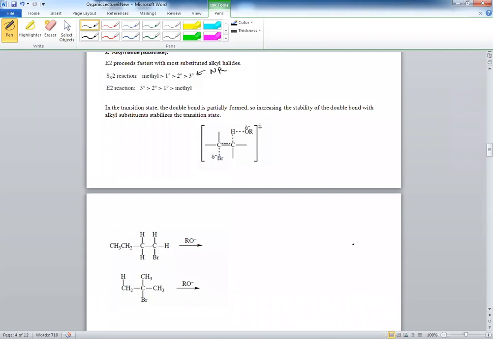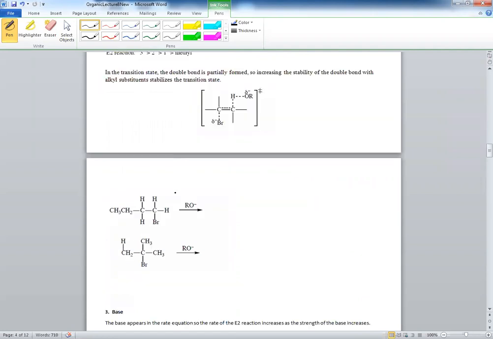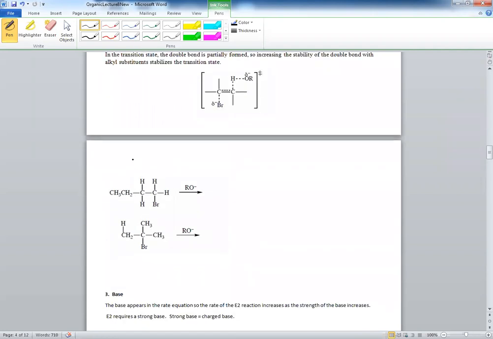So let's give you an example here. What you have is an alkyl halide, and you have a base. This is your base. So let's start putting the lone pairs on there.